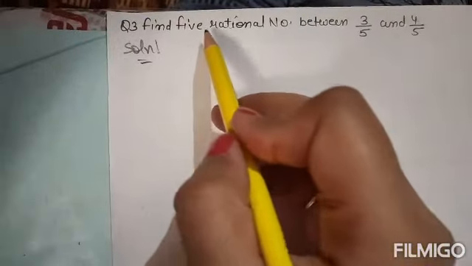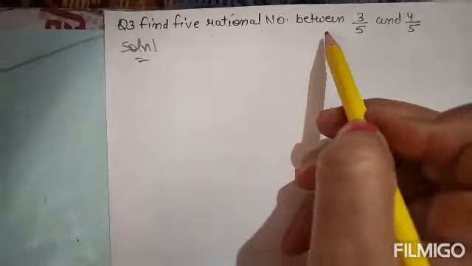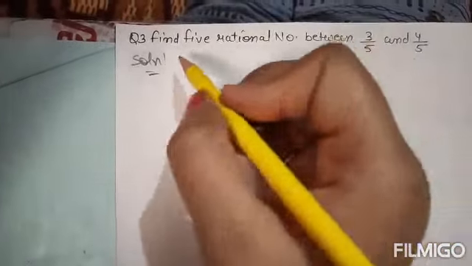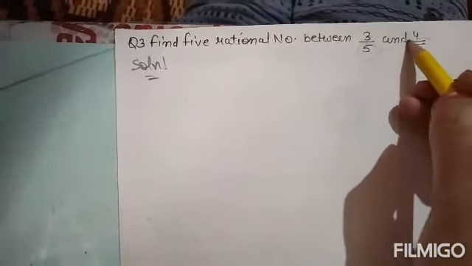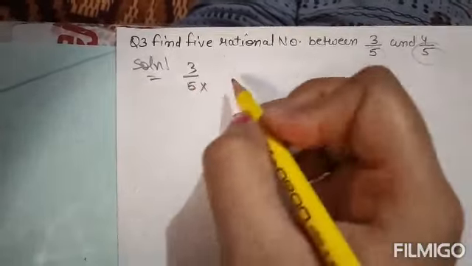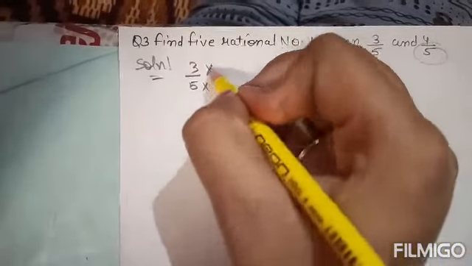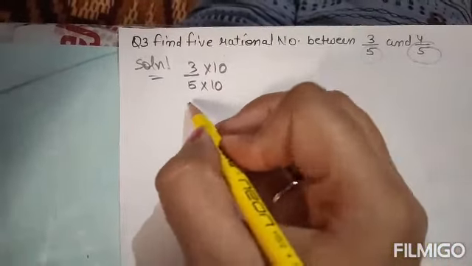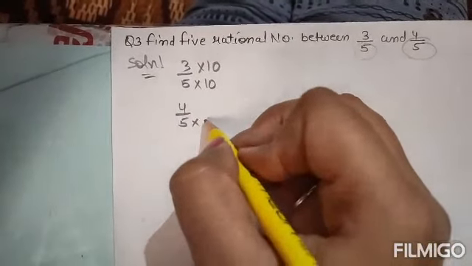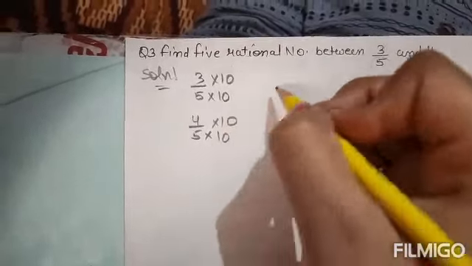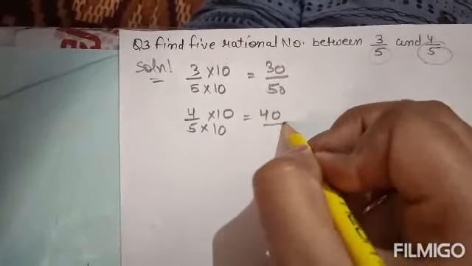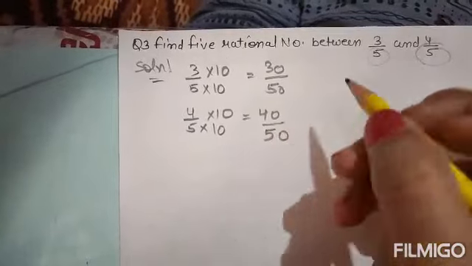Now we have to find 5 rational numbers between 3 by 5 and 4 by 5. Again, what we will do, we will make their denominators equal. That is, 3 by 5 if you multiply it by 10 and 4 by 5 by 10, it will be 30 by 50 and 40 by 50.